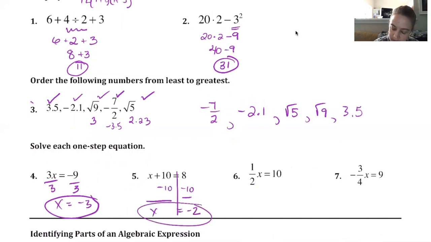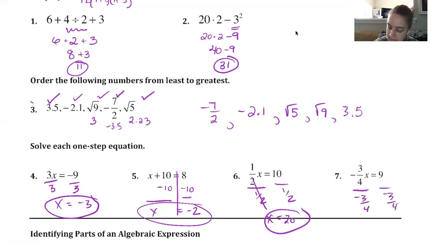For number 6, we're going to divide both sides by 1/2. So x is equal to 20. And for number 7, I divide by negative 3/4. And if I use my calculator, it's going to tell me that is negative 12. All right, there we go.